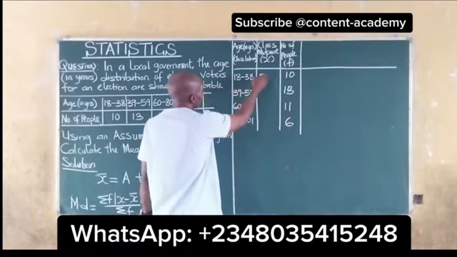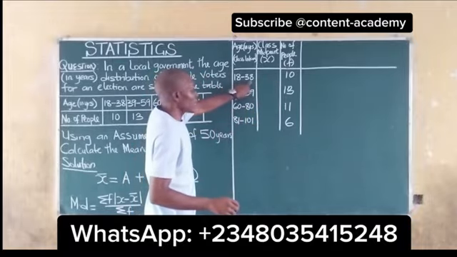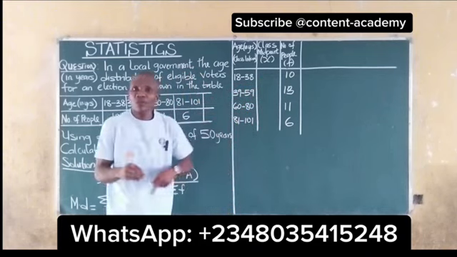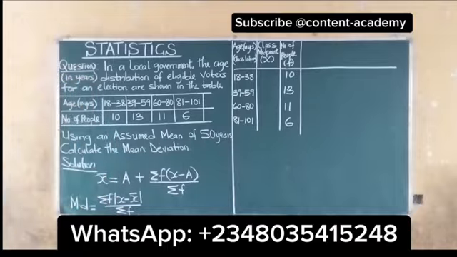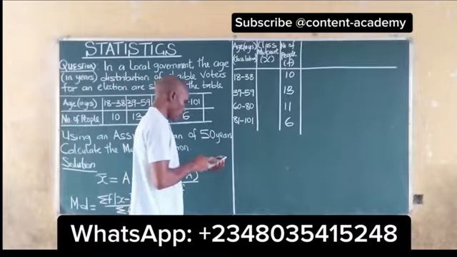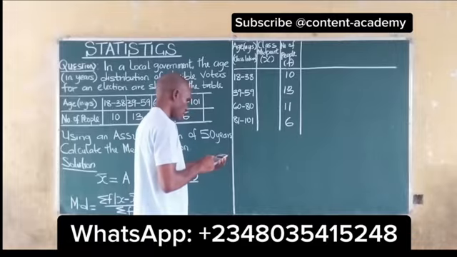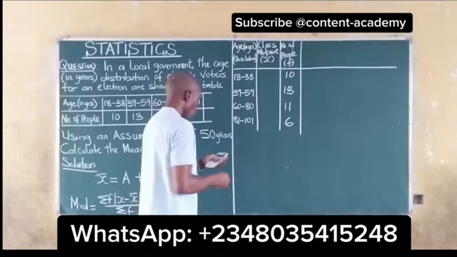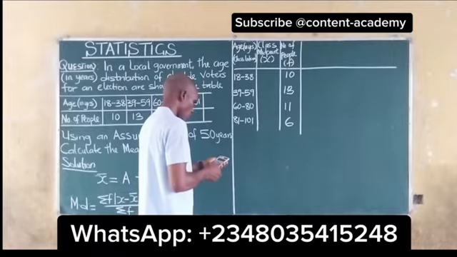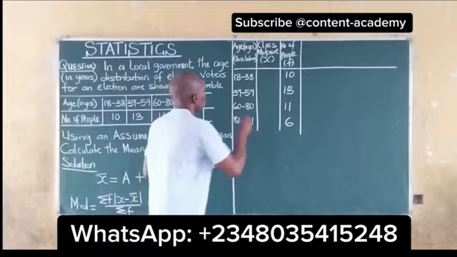Now, how do we obtain our x value? Our x value is just to add 18 plus 38 divided by 2, because that is our midpoint. That is the x value. So we said 18 plus 38 divided by 2, which is 28.